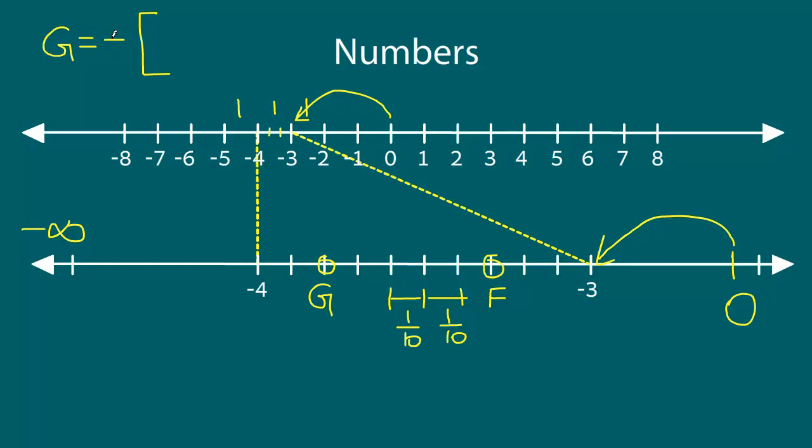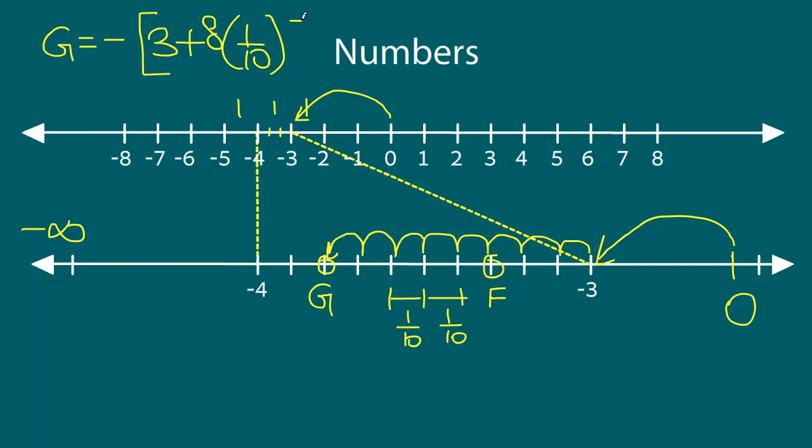So I'm going to put the minus sign out. So I have to cover 3 units, right? And then to get to G, I have to go how many parts? 1, 2, 3, 4, 5, 6, 7, 8 parts. So first I have to get to 3, plus 8 parts, and each part is 1/10. So this is how I can get to point G.